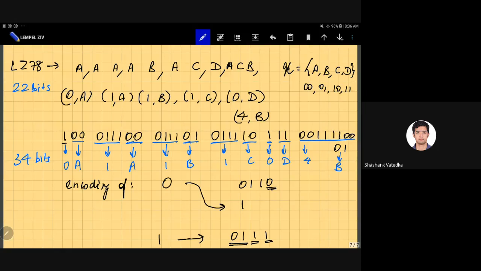If you want good compression, then hopefully the size of each phrase must be large. The larger the size of the phrase, the fewer the number of bits that you would require to encode. So ultimately, the performance of the Lempel-Ziv algorithms will depend on the number of phrases that the sequence is parsed into.